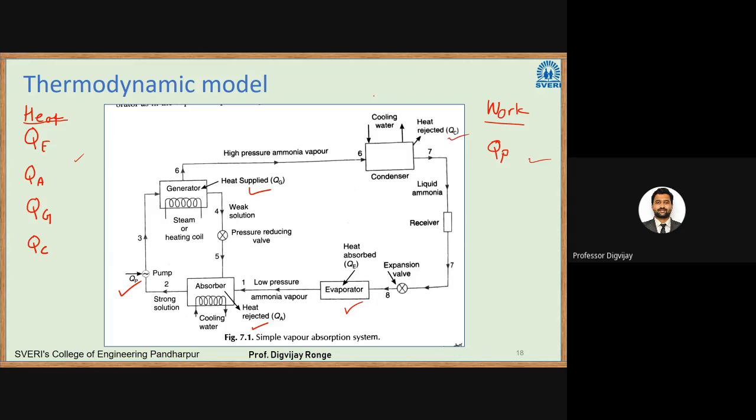By the first law, you know it is generally written as Q is equal to U plus W, or we can also write it as Q is equal to U minus W. Whichever equation you want, you can write here. And we can assume this as a closed system, though there is continuous flow, but as a whole we can see it as a closed system.